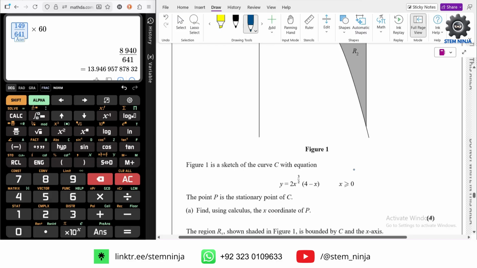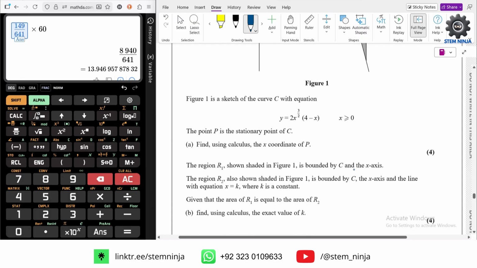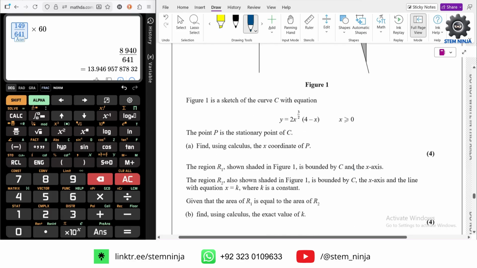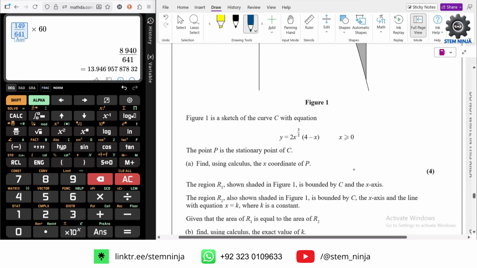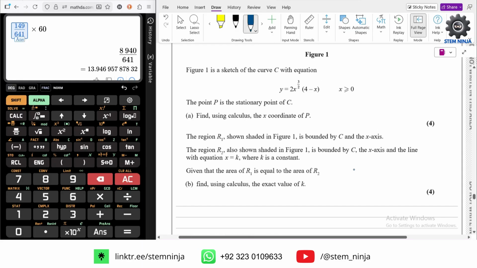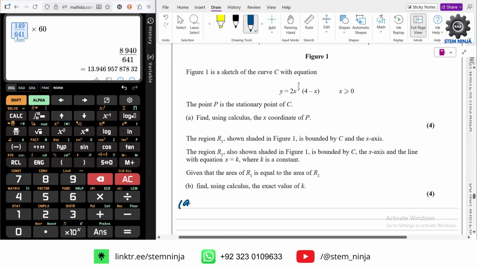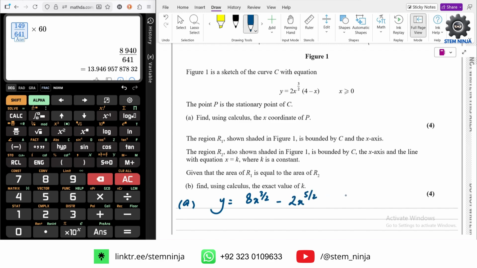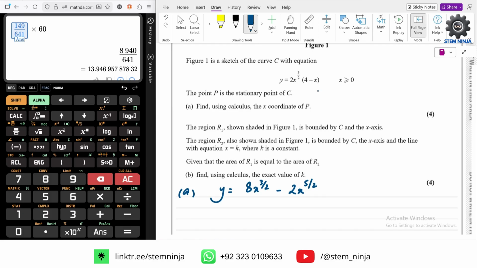Question number 9. Figure 1 is a sketch of the curve C with this equation. The point P is a stationary point of C. Find using calculus the x coordinate of P. So we do dy by dx. First, we can multiply this inside: 8x^(3/2) minus 2x^(5/2).